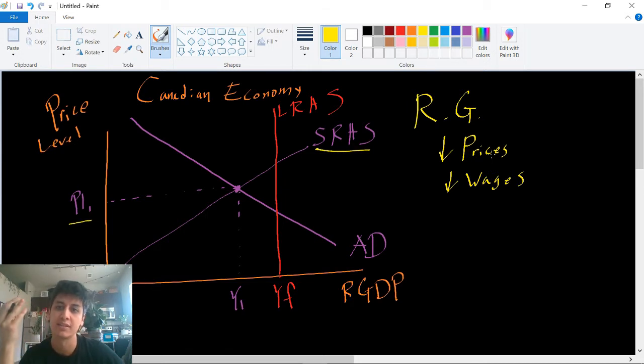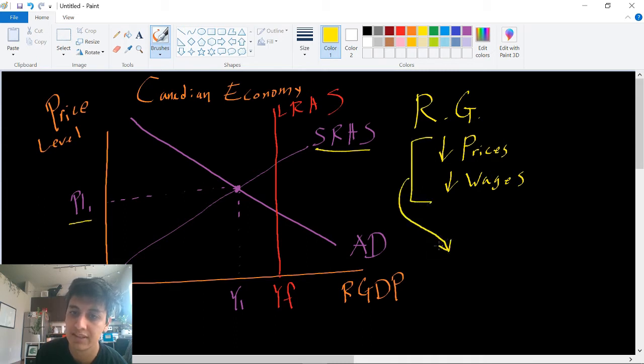Those are input prices, meaning that if a company has to pay their workers less, it is therefore cheaper for that company to produce their goods. So both of these things will eventually lead to an increase in the short-run aggregate supply.